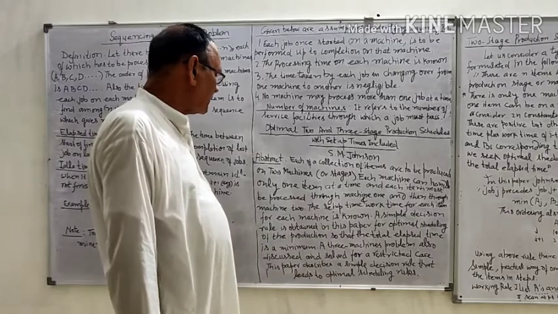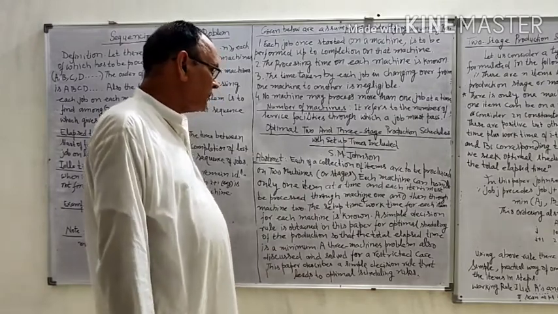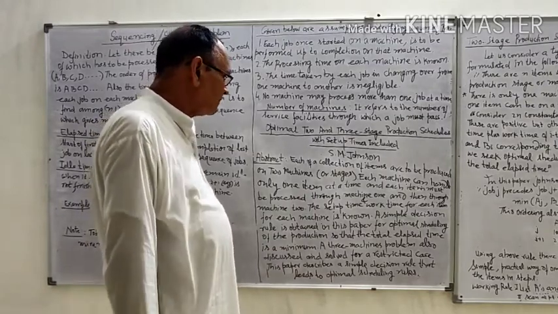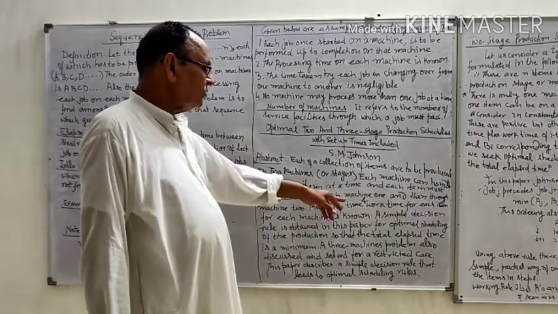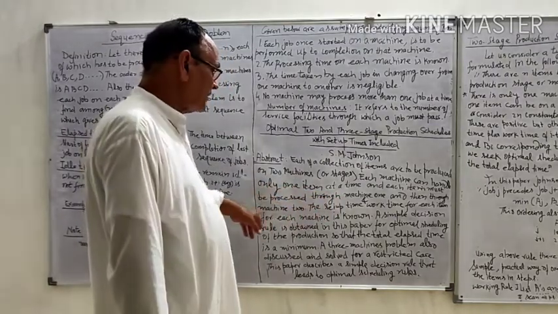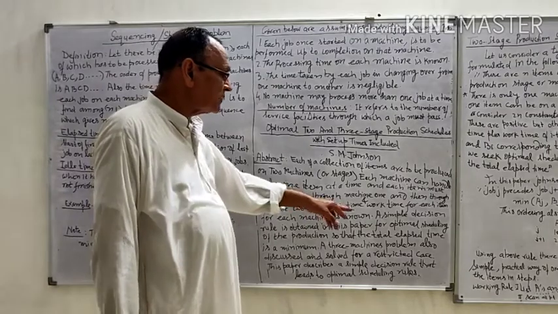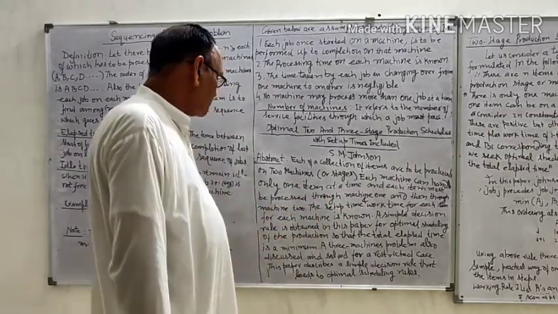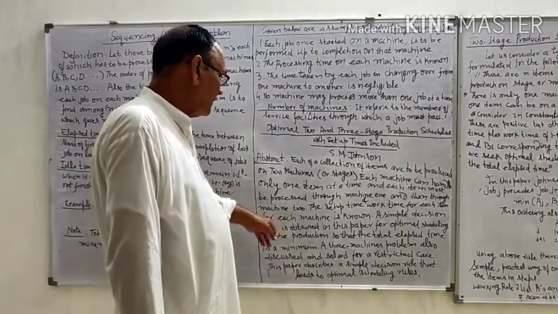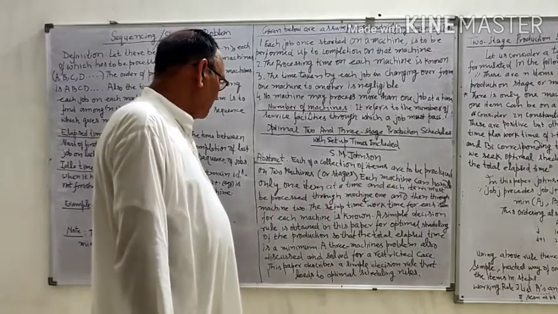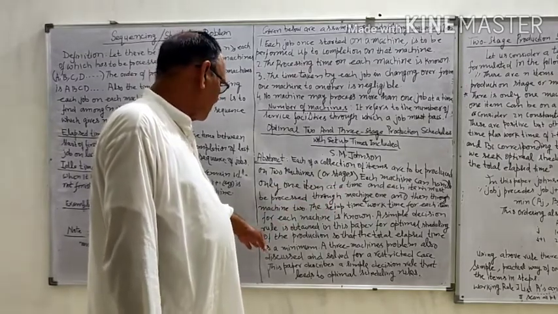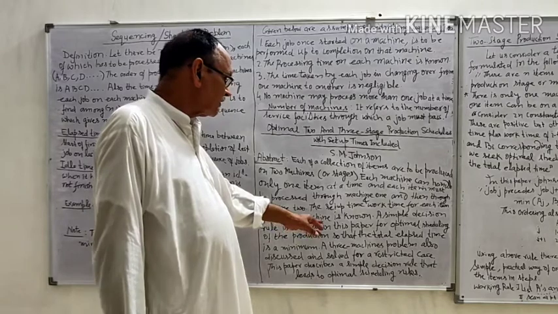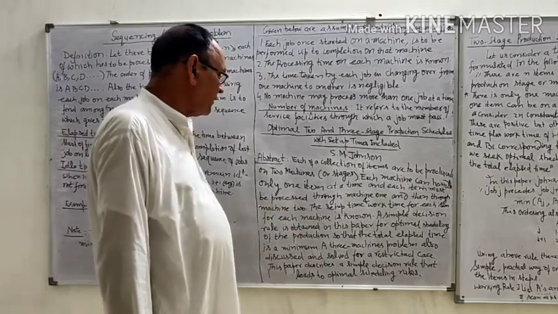A simple decision rule is obtained in this paper for optimal scheduling. To find the optimal sequence, a very simple rule has been investigated by S.M. Johnson for optimal scheduling of the production so that the total elapsed time is a minimum.